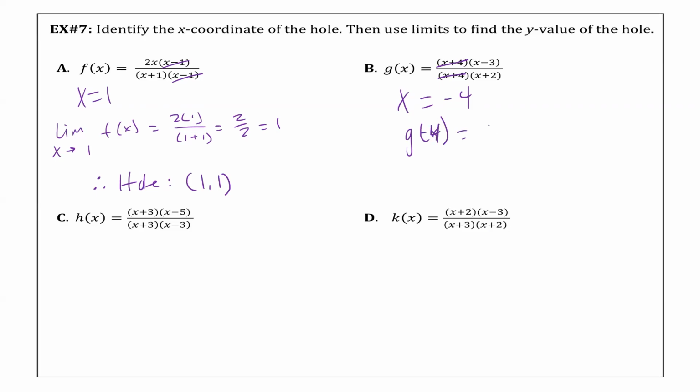That gives me -4 minus 3 over -4 plus 2, which gives me -7 over -2, which is just 7 over 2. Yes? Makes sense? All right, so we can all find a hole.